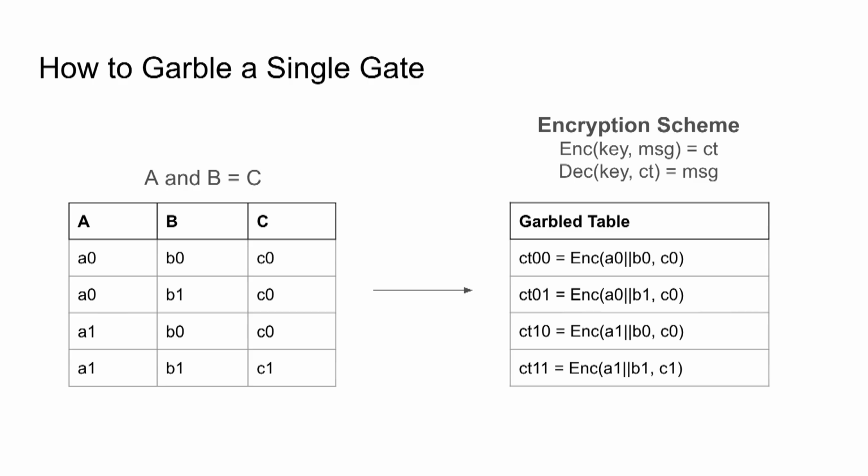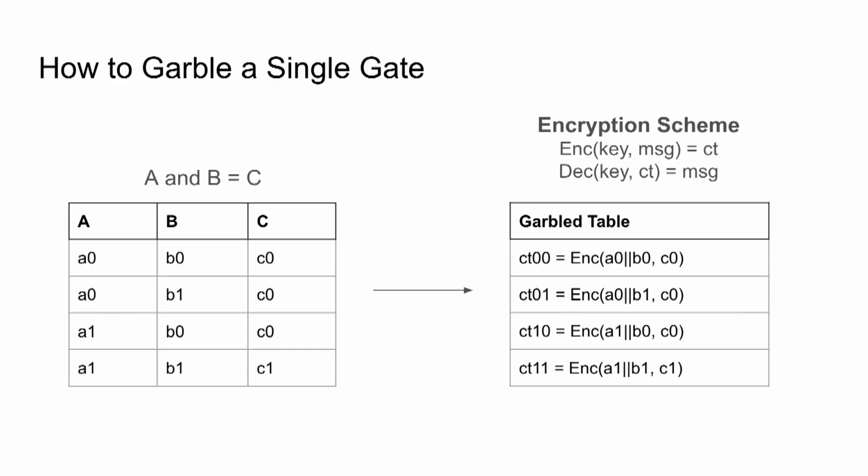So here on the left side, A0 concatenated with B0 is the decryption key, or the encryption key, for Z0. So if you learn the inputs A0 and B0, you will be able to decrypt C0. And we do that basically for every row. A0 and B1 also encrypt C0, A1 and B0 also encrypt C0, and A1 and B1 encrypt C1.